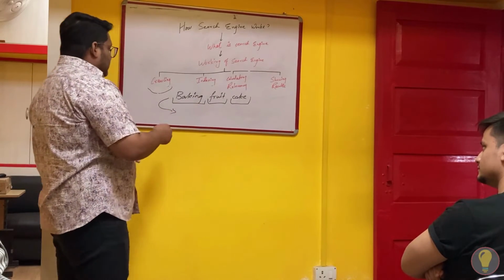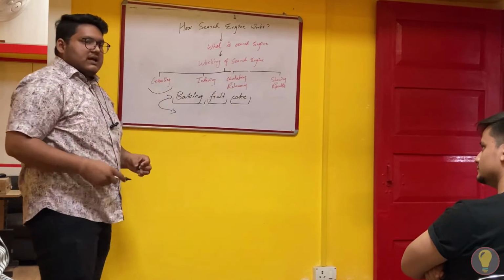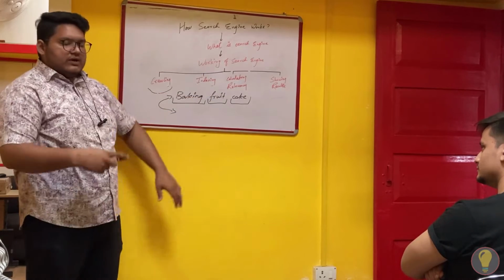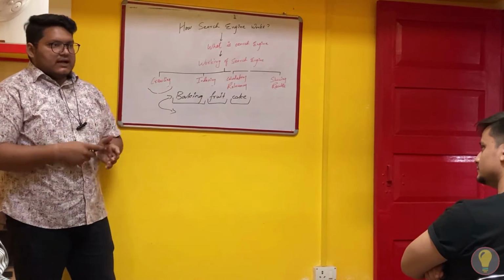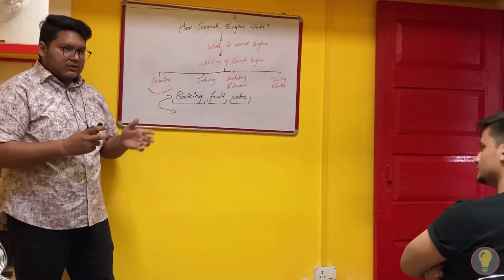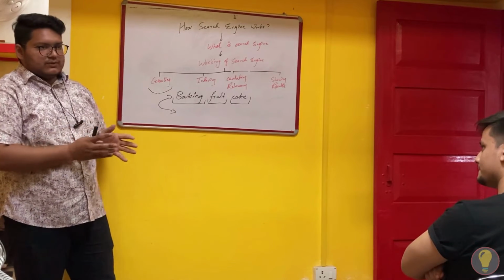To understand the working of a search engine, let's see an example. We know there are many search engines out there like Bing, Yahoo, and Google, but we primarily focus on Google because more than 80% of searches happen through Google.